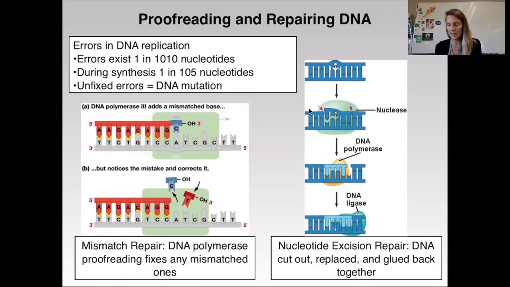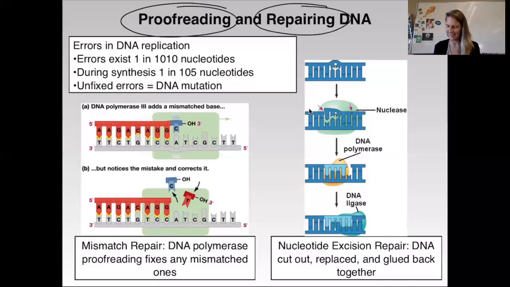But during synthesis, we're going to see that there are fewer errors than what we actually see. I'm not saying this very well. DNA polymerase can make errors, but the whole point is that it can fix them itself, all right? So there is what we call proofreading and repairing of the DNA, all right?